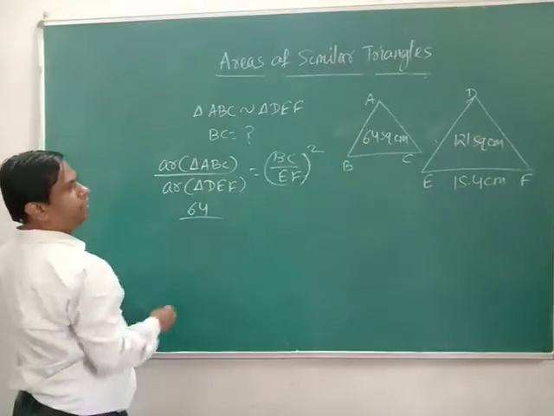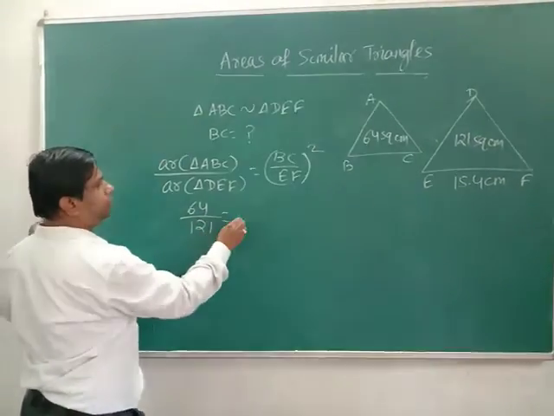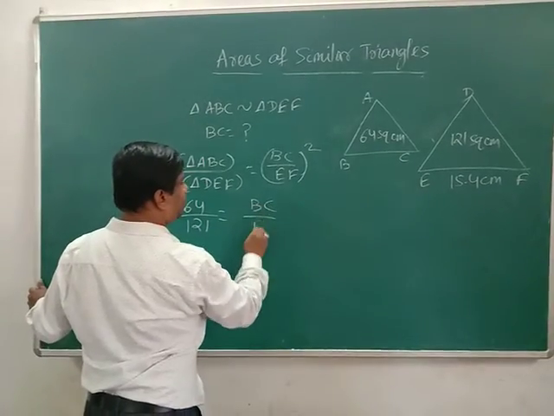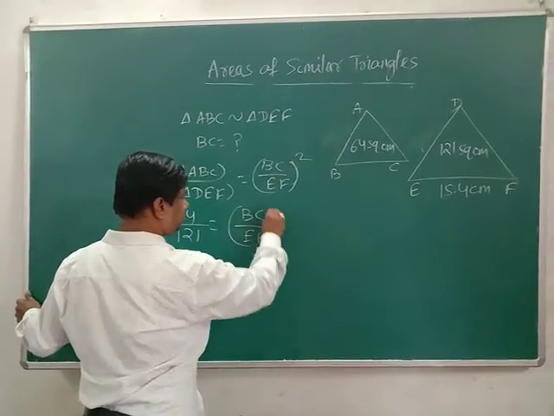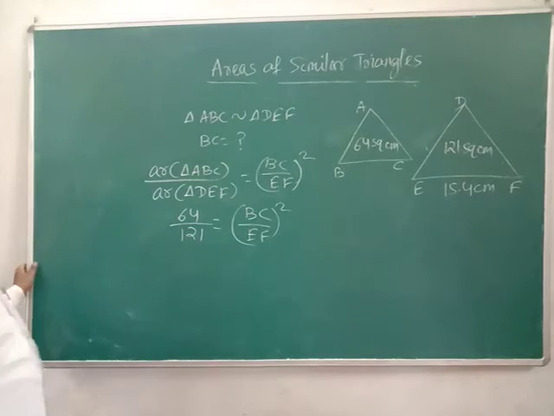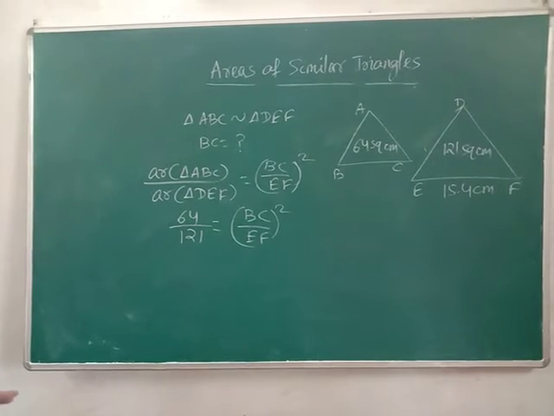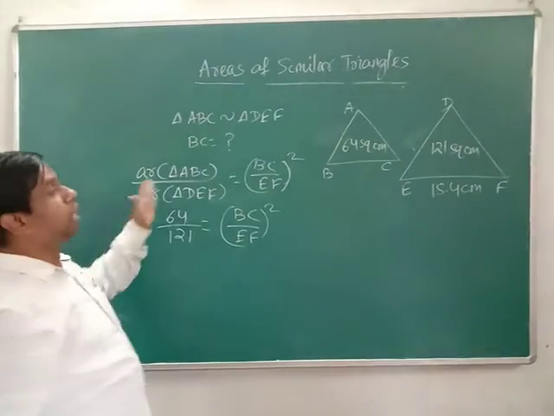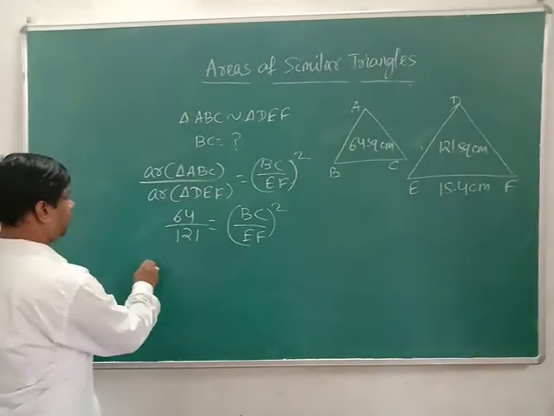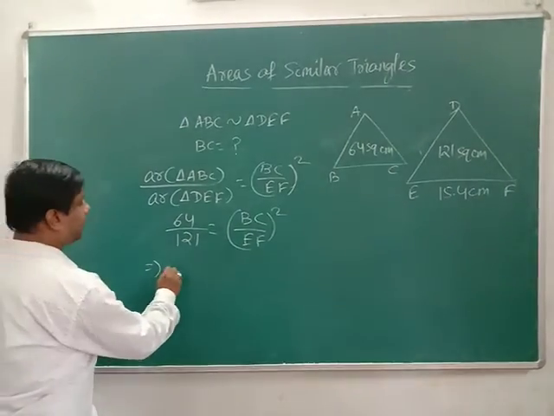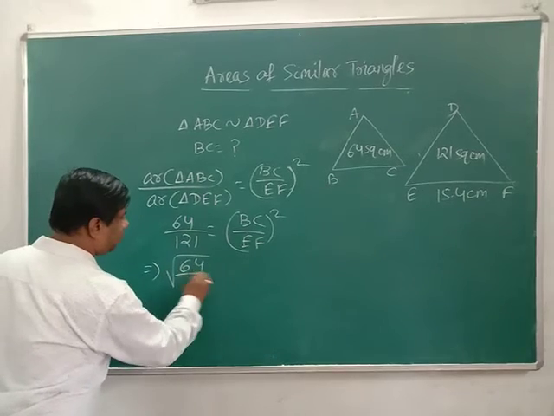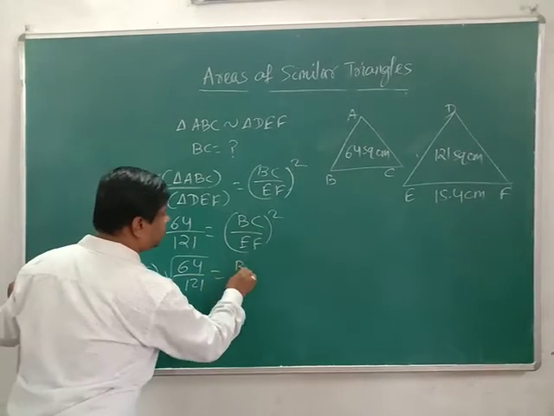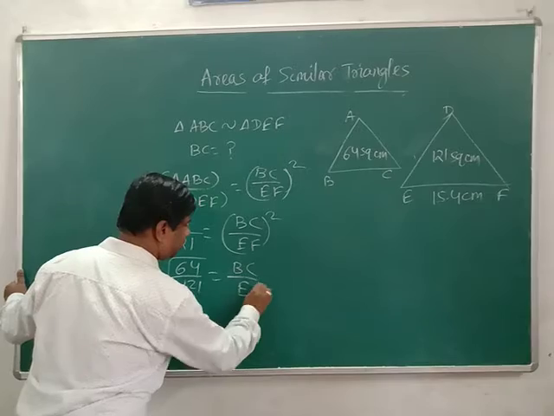DEF 121 is equal to BC upon EF whole square. When sides are given, you take the square of the ratio of the sides. When areas are given, you take the square root of the ratio of the areas. Let's say 64 by 121 is equal to BC upon EF.